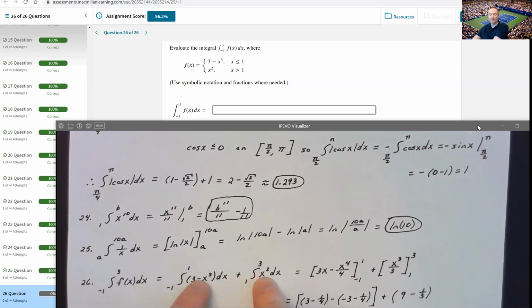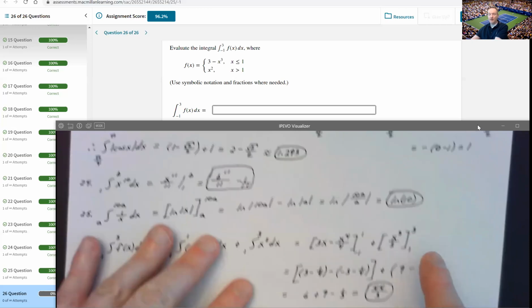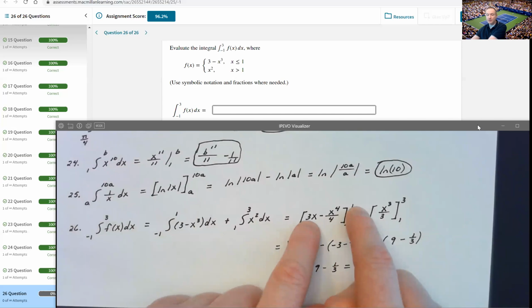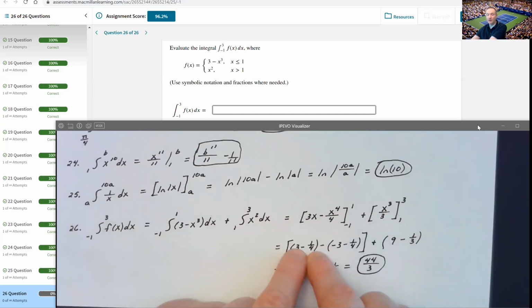Now we evaluate both of these. The first one integrates easily to 3x minus x to the 4th over 4, evaluated from -1 to 1. The second one is just x cubed over 3 from 1 to 3. In that first one, if we evaluate it at 1, we're just going to get 3 minus 1/4.